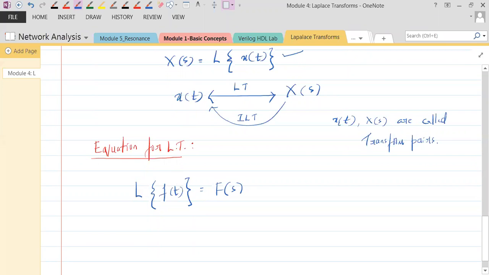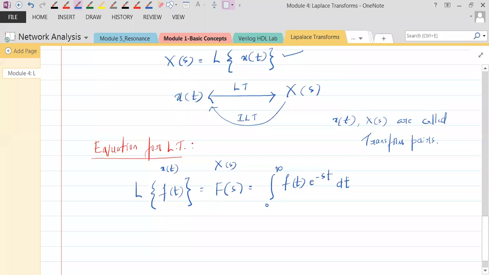I'm taking f of t, so it is capital F. If I take x of t, then it is capital X of s. That's it, nothing much. So it is given by the integral from 0 to infinity of f of t e power minus st dt.